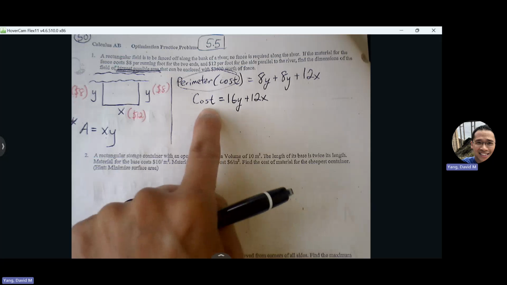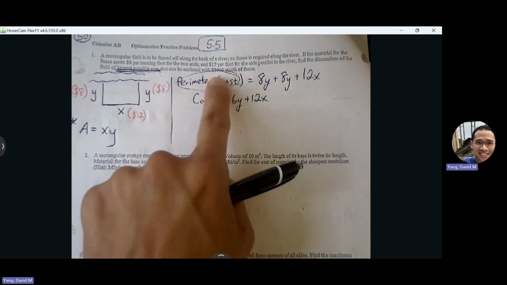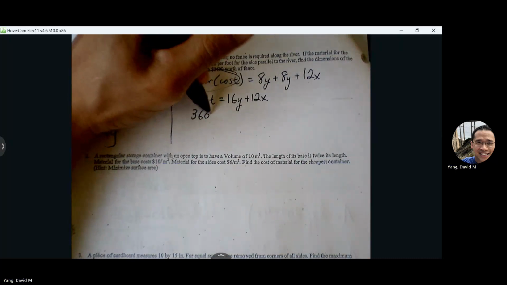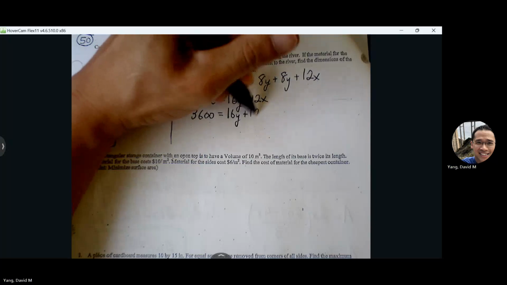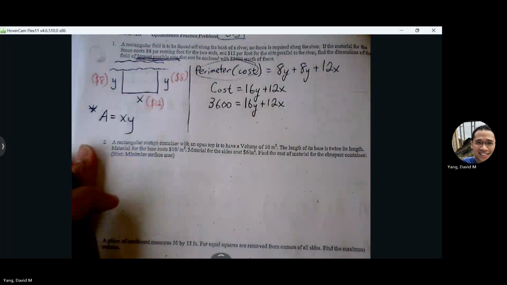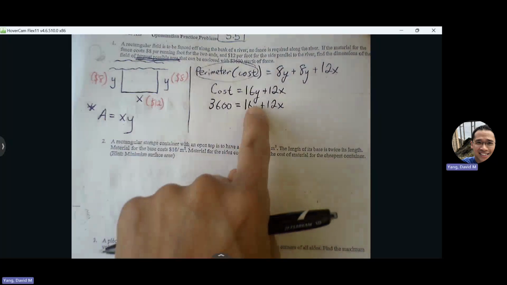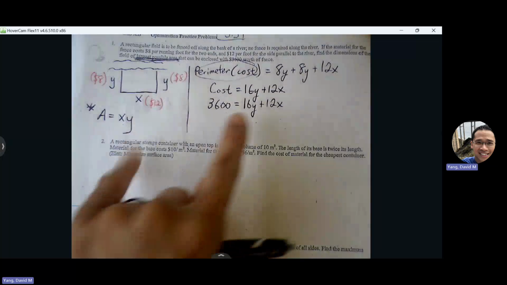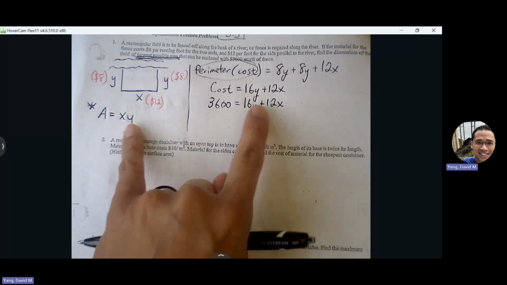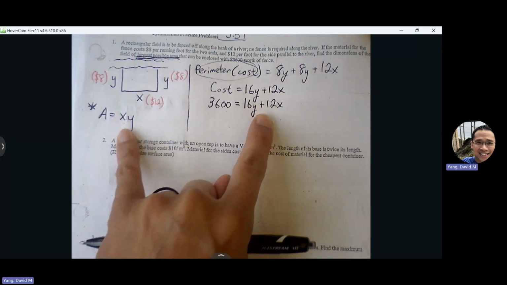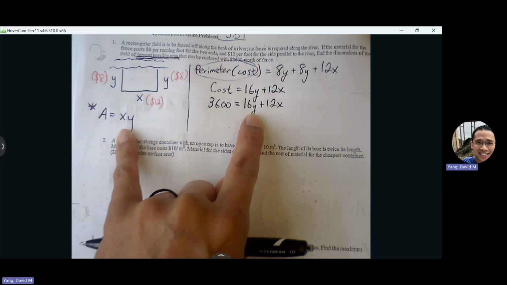All right, what do you know about the cost? What's in our budget here? 3,600. So let's go ahead and replace. This is how much we have to work with. So now we're trying to get this equation to get into this equation. Is there an easier variable to solve for? Okay, they're about the same, right?